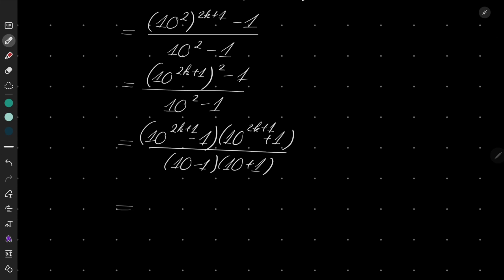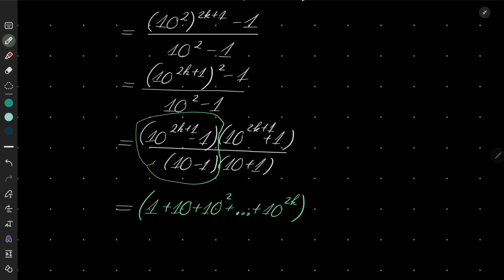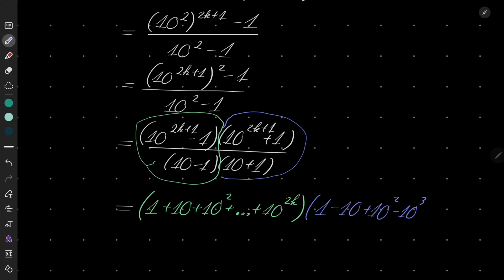Very well. And now, let's see that we can factorize it further, because this part, after using again the formula for the sum of geometric progression, will be 1 plus 10 squared plus and so on plus 10 to the power 2 times 2 to the power 10 to the power 2k, while the second sum, because our exponent of 10 is odd, we can write as 1 minus 10 plus 10 squared minus 10 cubed, and so on.